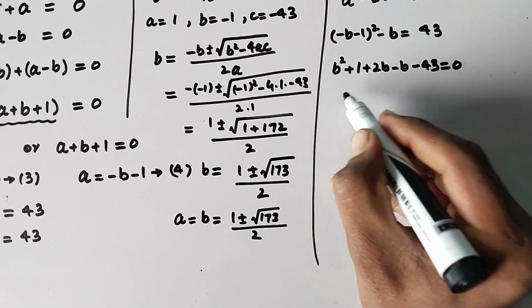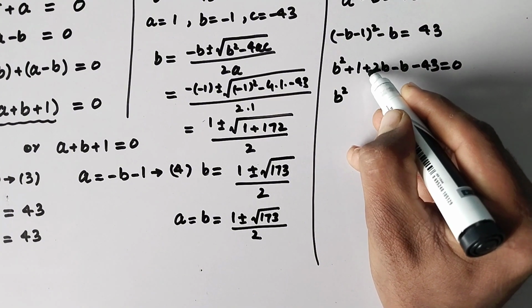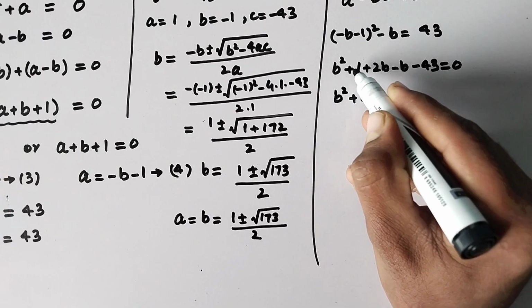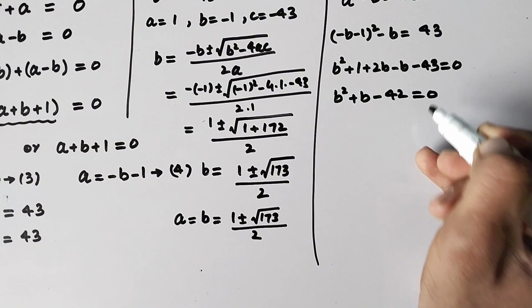In the next step we will get b squared, and plus 2b minus b will be equal to positive b, and minus 43 plus 1 will be equal to minus 42 equal to 0.